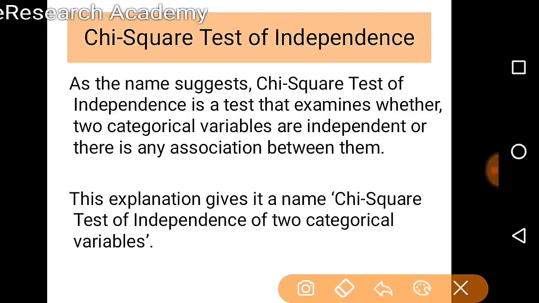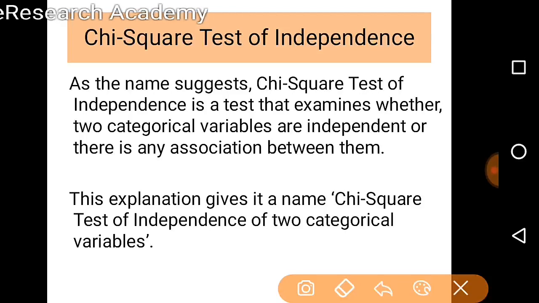As the name suggests, chi-square test of independence is a test that examines whether two categorical variables are independent or there is any association between them. So this explanation gives it a name, chi-square test of independence of two categorical variables.